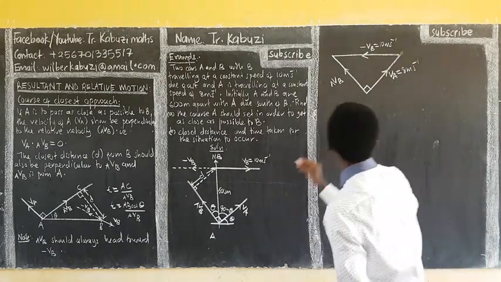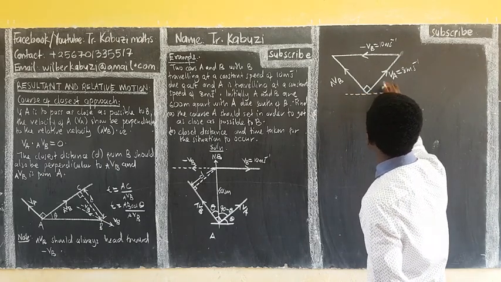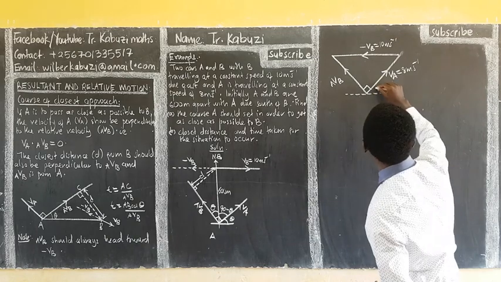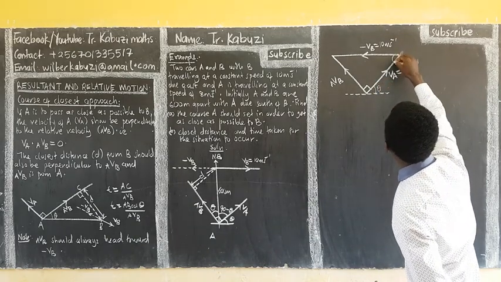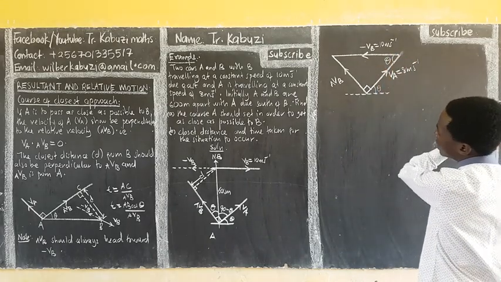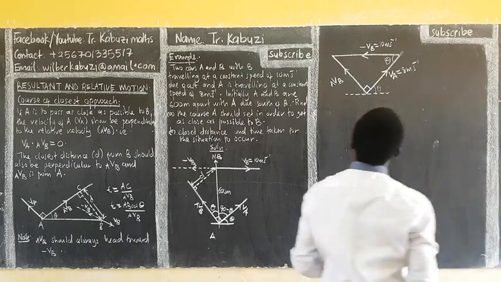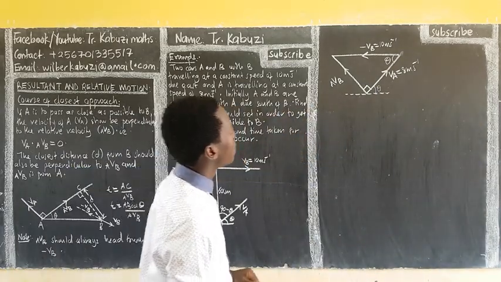Now, if I'm to bring you back here, I think you can see this. If this angle here was theta like this, it means that now also this one is going to be theta. So now, my interest is to get this angle here, theta, which we can get with ease. So, when you finish that, the rest are going to be very easy.